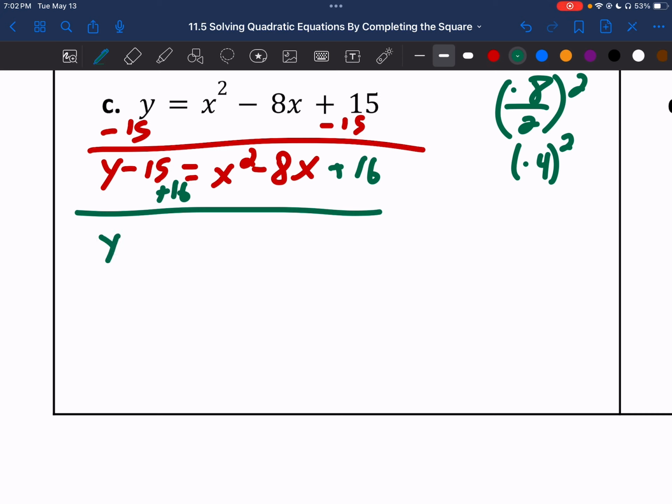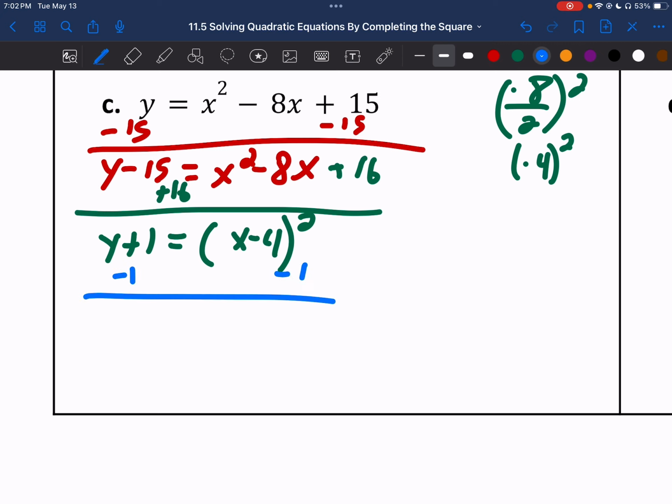So we have y plus 1 is equal to x minus 4, the quantity squared. And if we were to rewrite that, we subtract 1 from both sides, y equals x minus 4 squared minus 1.